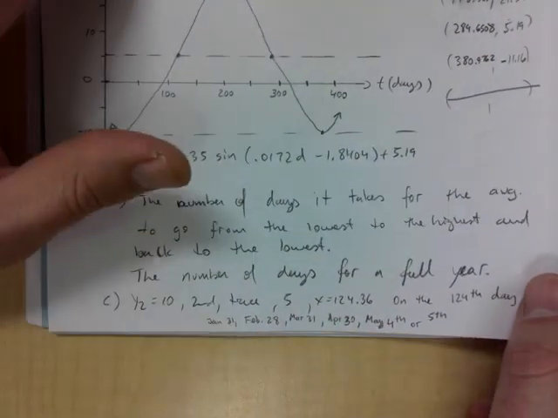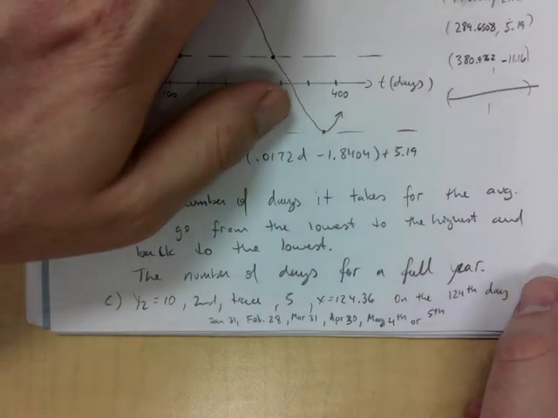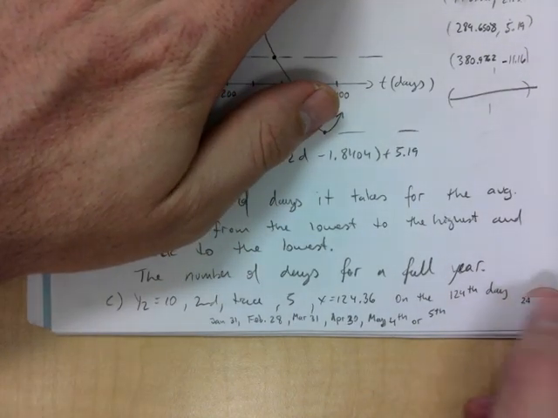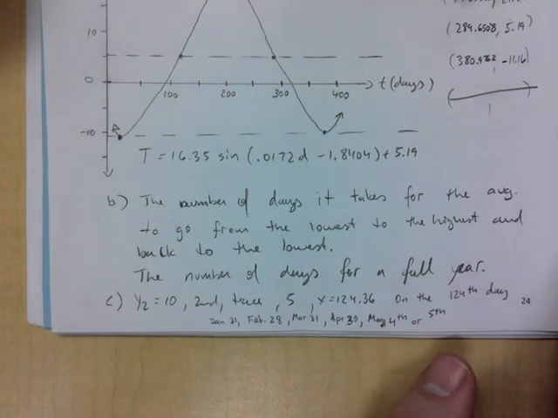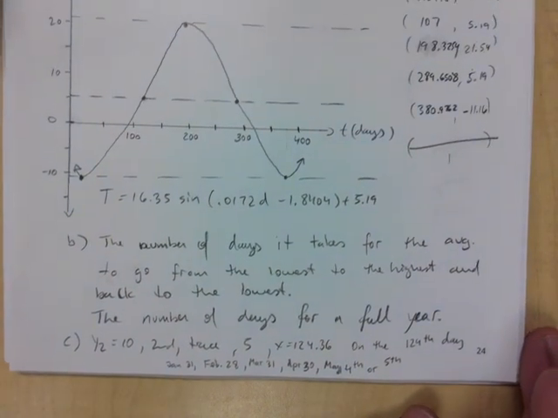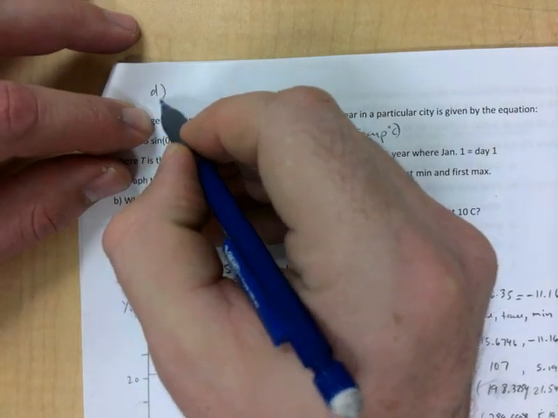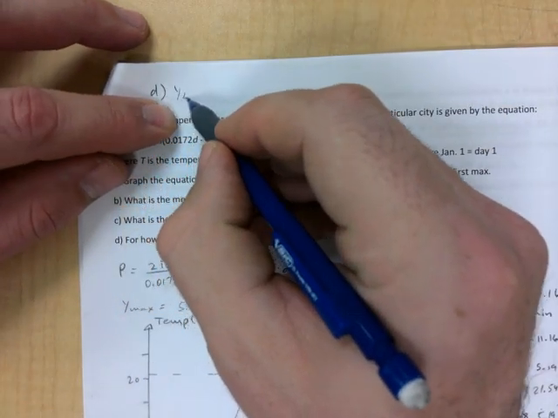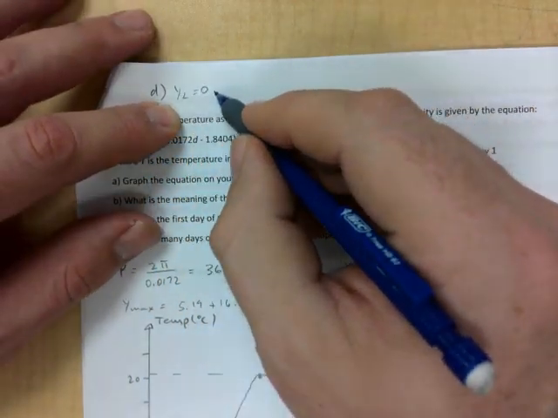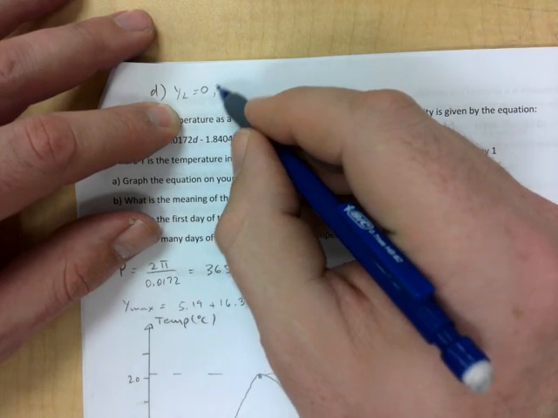So that's not D. For how many days of the year is the average temperature below freezing? That's what D is asking. And I ran out of room here. I'm going to answer D here. So we're just going to figure out, right, zero, below freezing would be below 0. So second, trace 5.